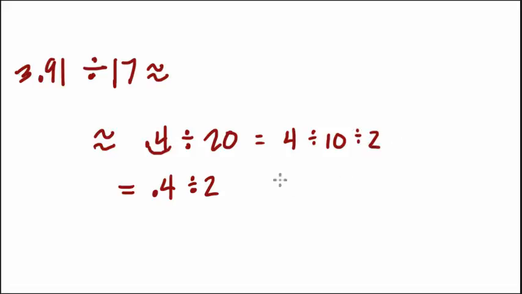Once we divide by 10 and move that decimal over, we can divide by 2, and 0.4 divided by 2 is 0.2 or 2/10. So this is about 2/10, and that's all we're really doing. We're estimating our quotients based on that. So that's what I'm asking you to do today.